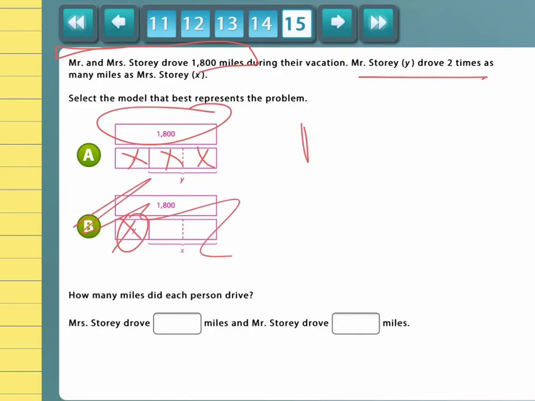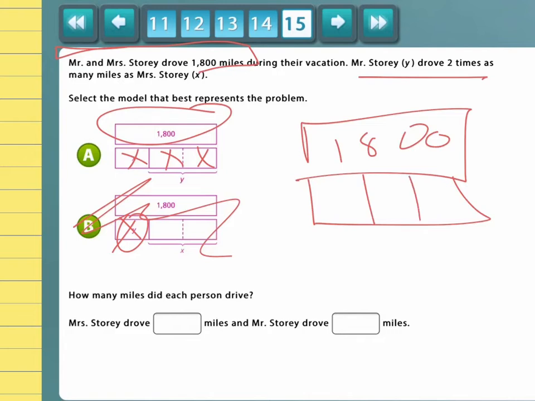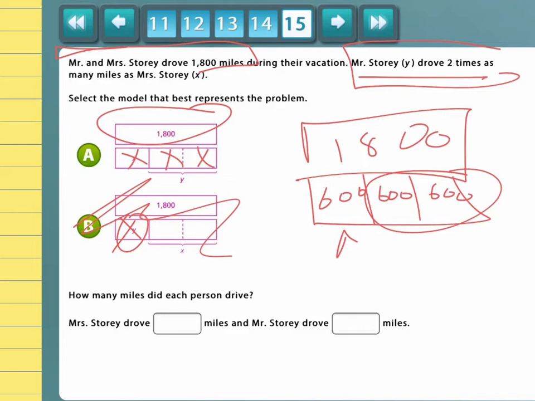Anyway, we look at 1,800 miles, and we split those into 3 parts. So what is each part? What is 1/3 of 1,800 miles? That's 600 miles. So if each part is 600 miles, then Mr. Story is 2 times Mrs. Story, so he has 2 parts and she has 1 part. So Mrs. Story drove 600 miles, and Mr. Story drove 1,200 miles.